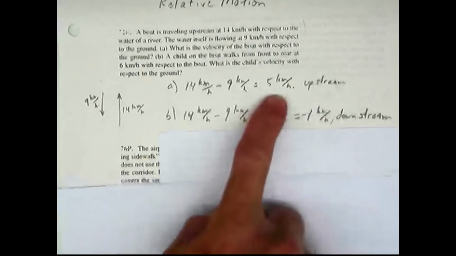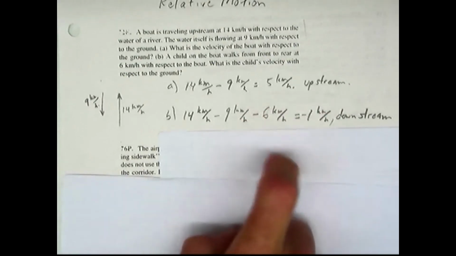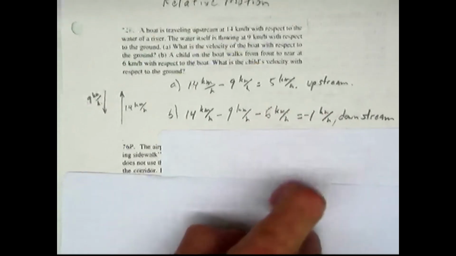That makes sense to everybody? But I put that -1 there. It's the minus sign that is supposed to tell you which way it's going. See, this was a +5, that means it's going upstream. This is a negative, so that means it's going downstream.